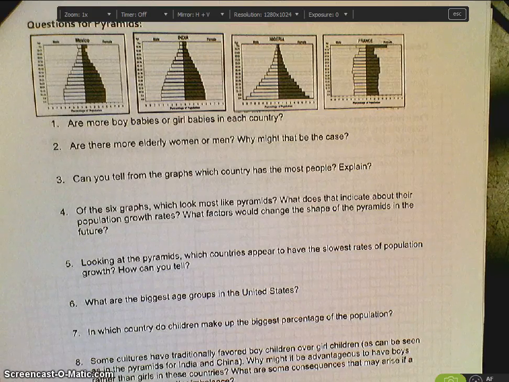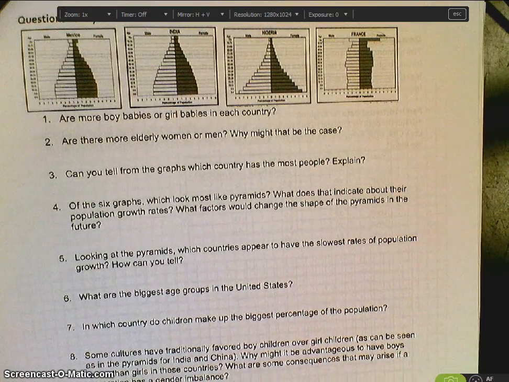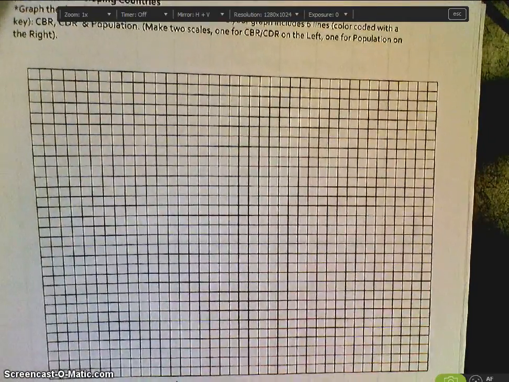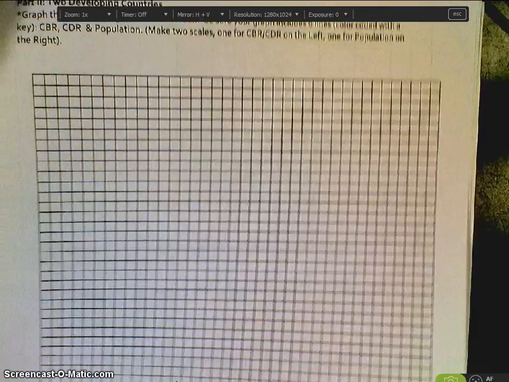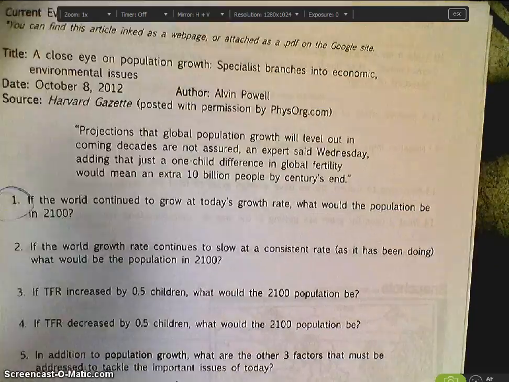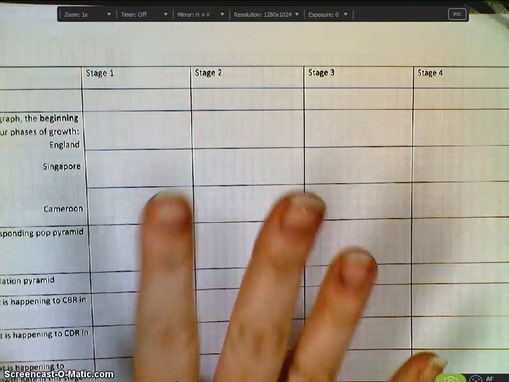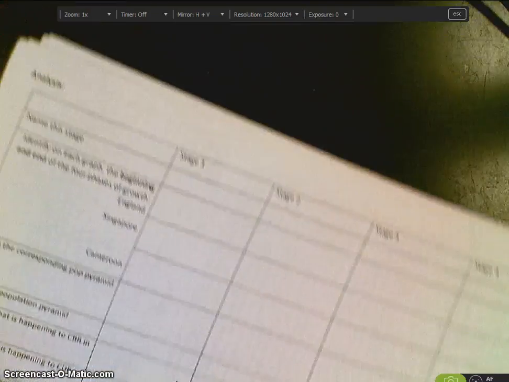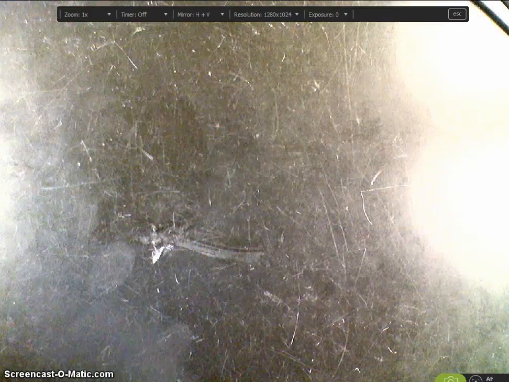All of those things are going to be hugely important for population pyramids. Same can be said about the demographic transition model in all reality. When you put those graphs together, you're going to be able to see the things it talks about back here. And I'm going to just try to squeeze this in. This is huge, important, goes back to 8.4. It's a difficult concept. And then you've got your current events.